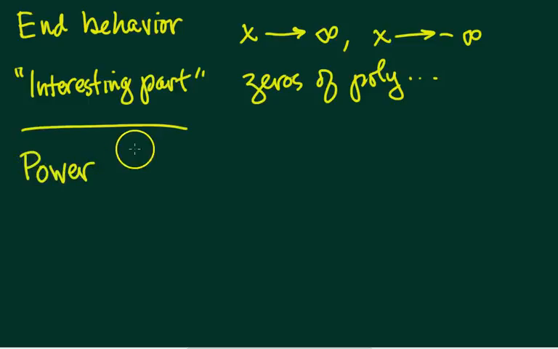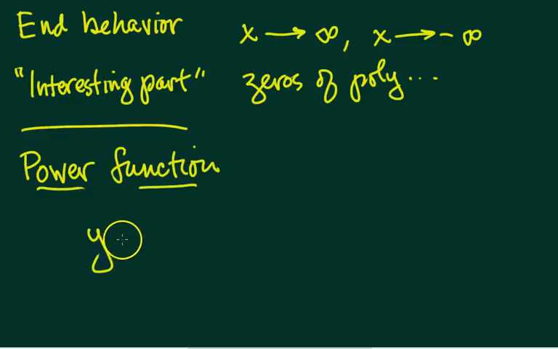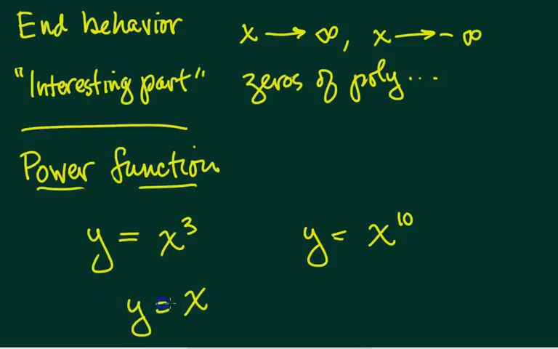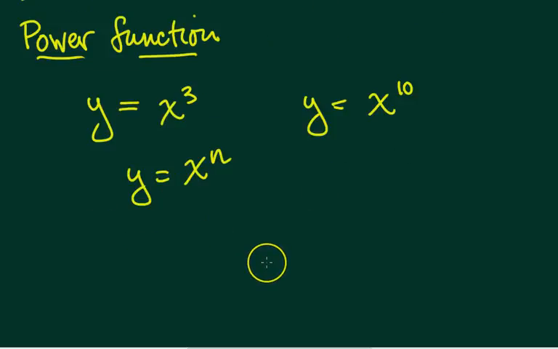Okay, so there's a particular kind of polynomial known as a power function. Example, y is equal to x cubed, or y is equal to x to the 10th, or in short, y is equal to x to the power n. Or some authors will say y is equal to a times x to the n.